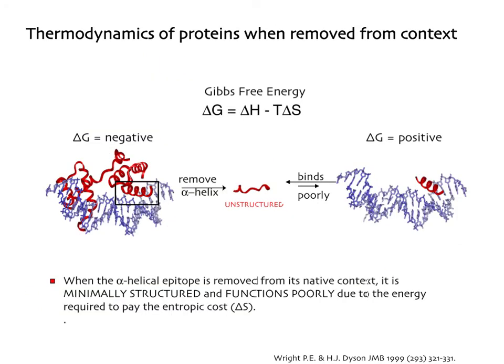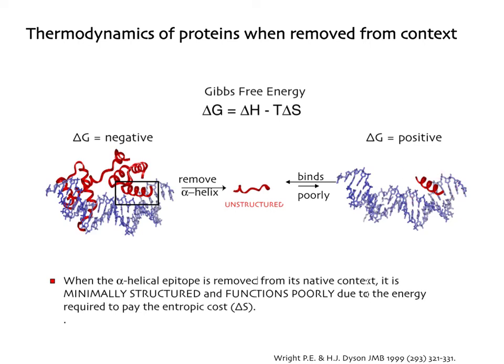So if we think about the example of the helix-turn-helix motif, you have all of this protein, but the really important part of the protein that's doing the molecular recognition is shown here. If you remove this alpha helix from its context, it becomes unstructured because it doesn't have all of this to stabilize the helix. As a result, it doesn't bind as well.